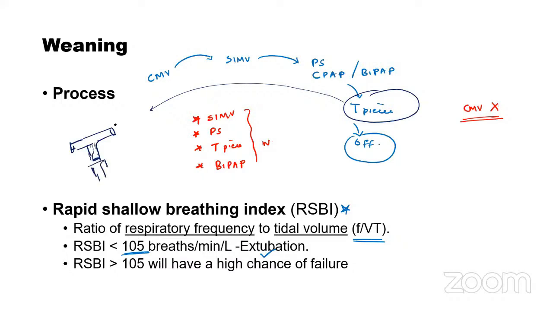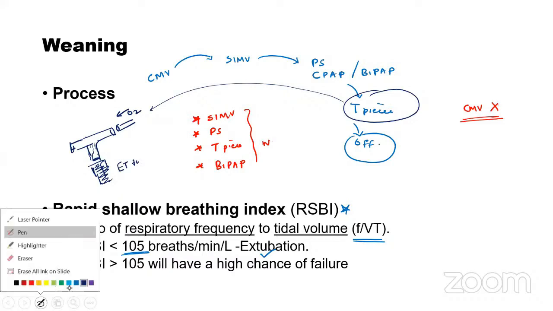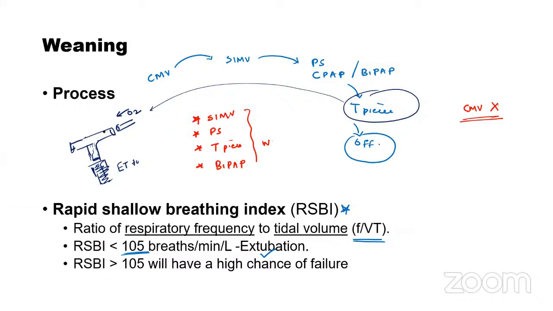At one end, you give oxygen flow. So oxygen will be given through one end, with the endotracheal tube at the other end, and the oxygen which is coming from the oxygen flow will go into the patient.